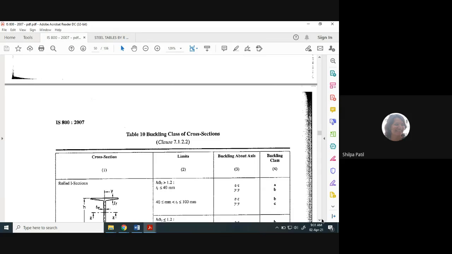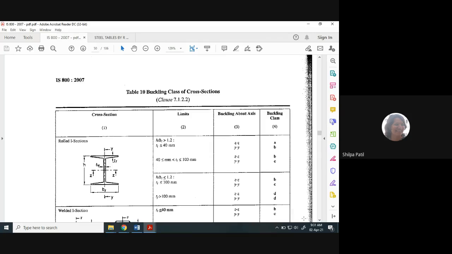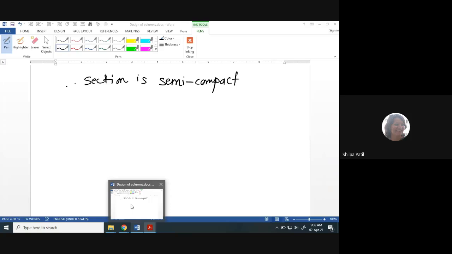For rolled I section, we have to refer to the first row. The dimensions of I sections are shown here, and based on this diagram we need to calculate all these limits. We first find h by bf and compare that with 1.2. Here h is the overall depth of the section, and bf is the width of the flange.